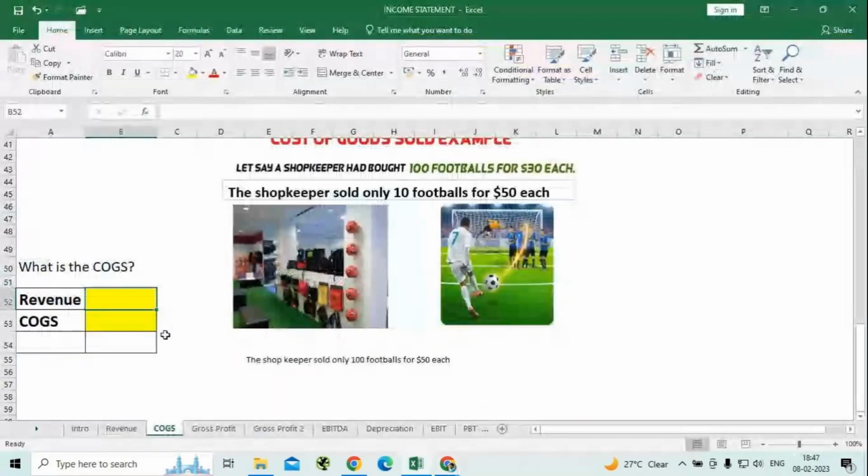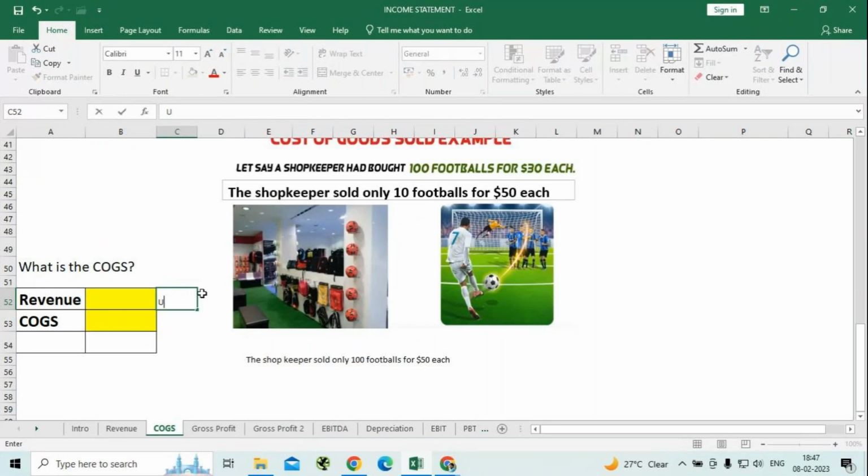Okay, so you can just see this. What is the formula for revenue? It is units sold multiplied by sales price. At least can you see this and try to give me the answer?